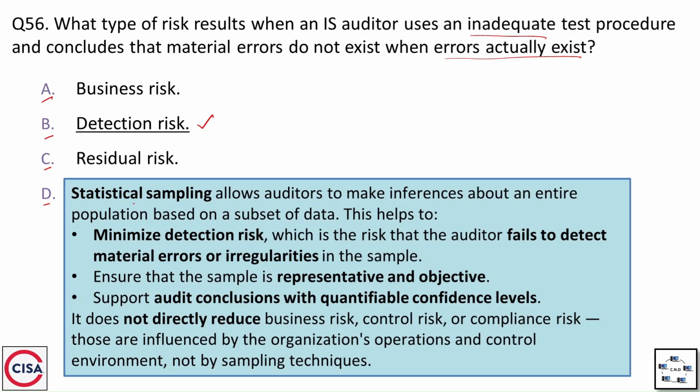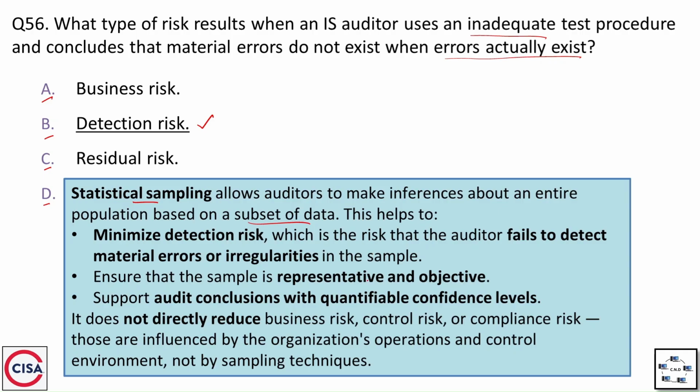Statistical sampling allows auditors to make inferences about an entire population based on a subset of data. This helps to minimize detection risk, which is the risk that the auditor fails to detect material errors or irregularities in the sample.